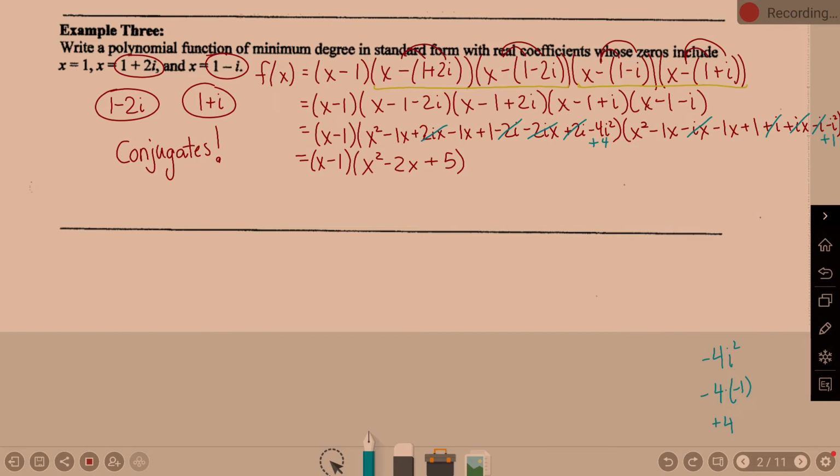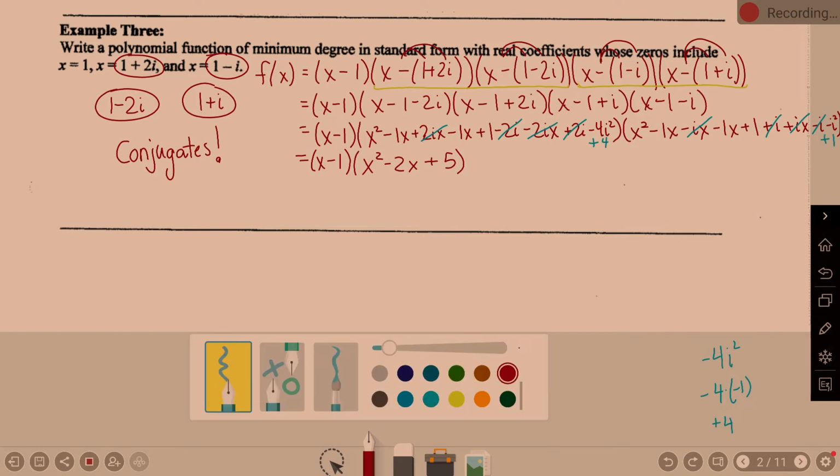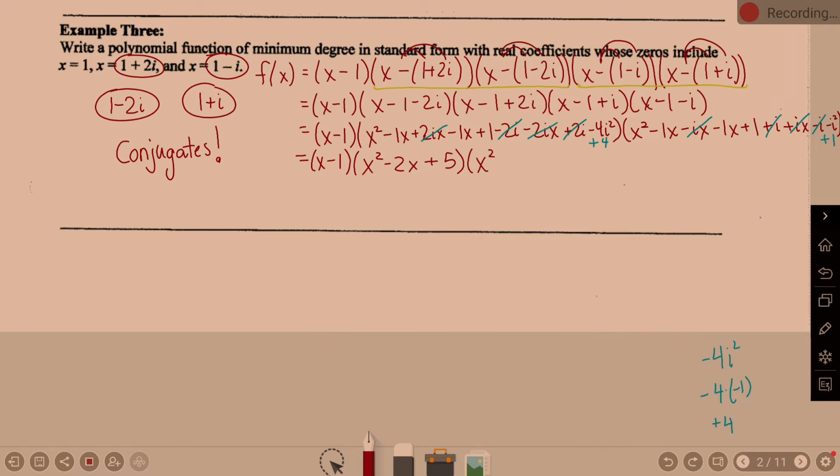Okay, so let's write that out. I've got x squared, minus 1x, and minus 1x is minus 2x. Plus 1 and plus 1 is plus 2.